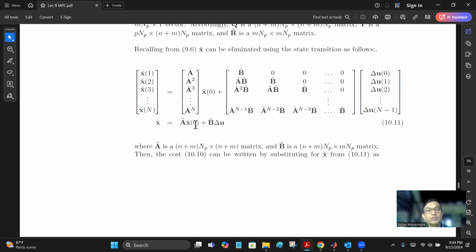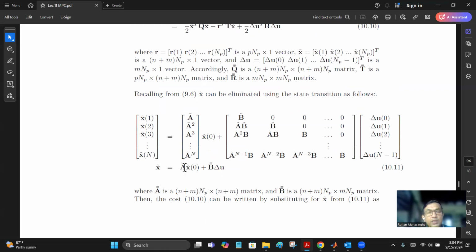X tilde 0, with the bracket and 0, means that particular time instance, whereas this x is all of the state vectors from 1 to n. Then this matrix is B double bar. Then this is delta U. Again, when I say delta U, it is all of the differential control signals, from start to end.